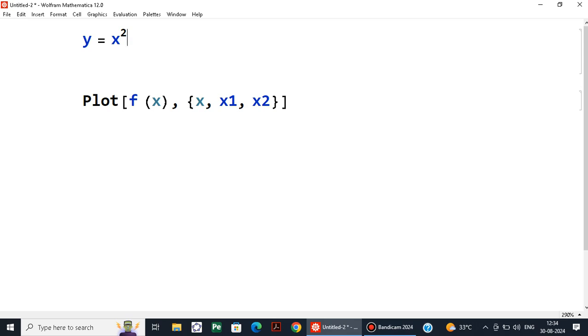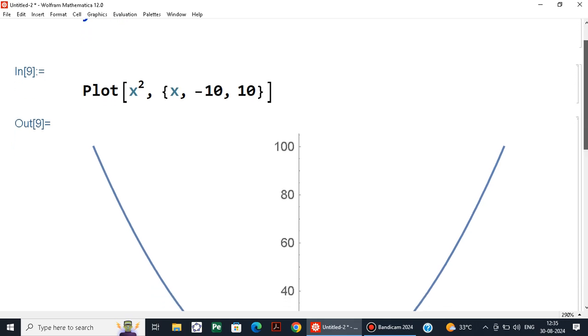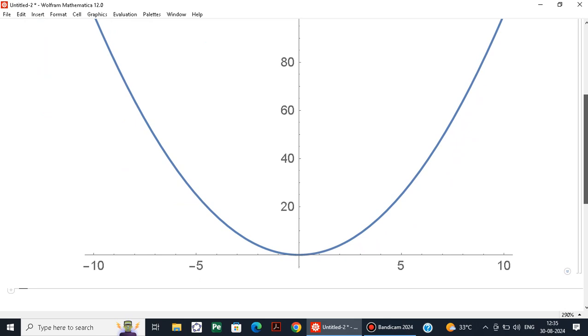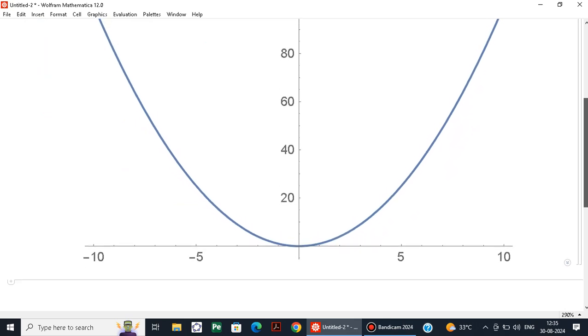So to draw this function on Wolfram Mathematica, we have to type Plot[x^2, ...] after pressing shift enter. Now you can see you will get your required graph.